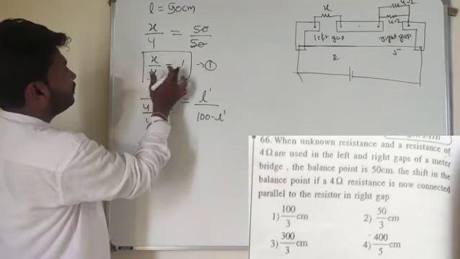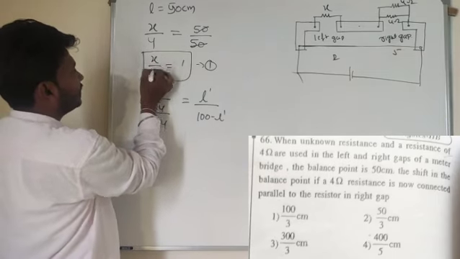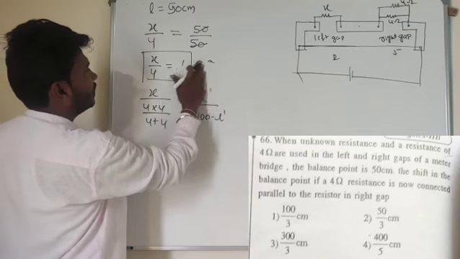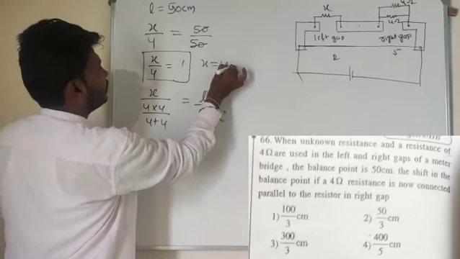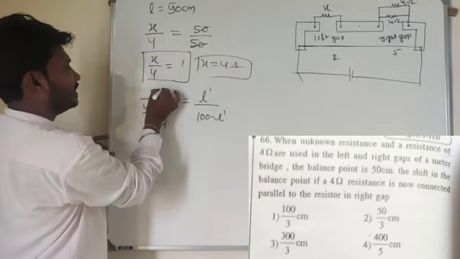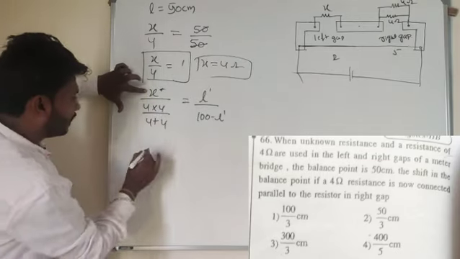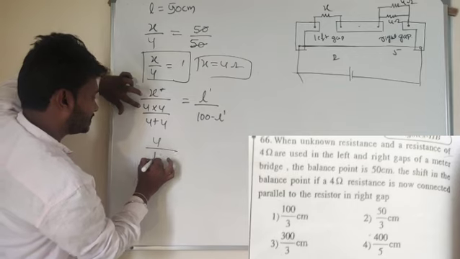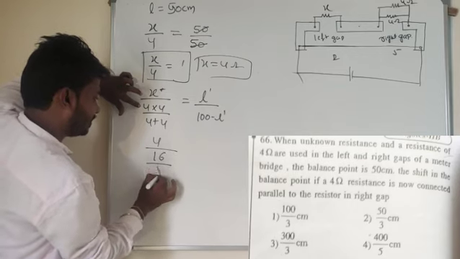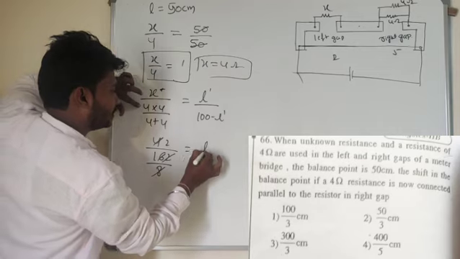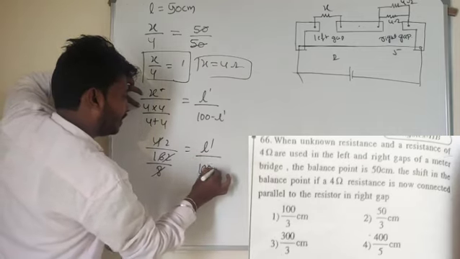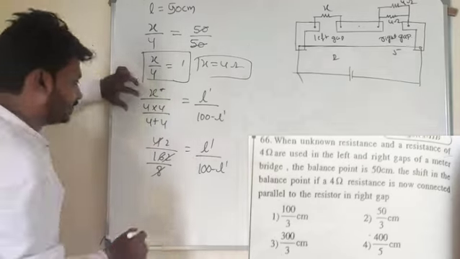Now I can take the value of X by 4 is equal to 1, so X is equal to 4 ohm here. So this is also 4 ohm. Now look at here: 16 divided by 8 here. L dash is equal to 100 minus L dash here.